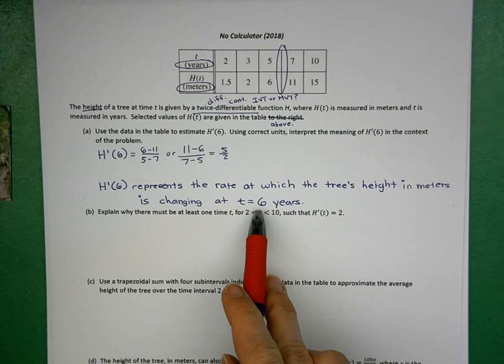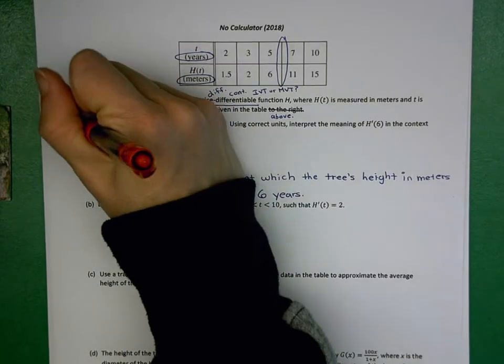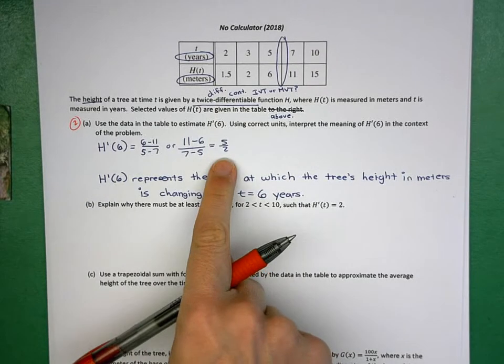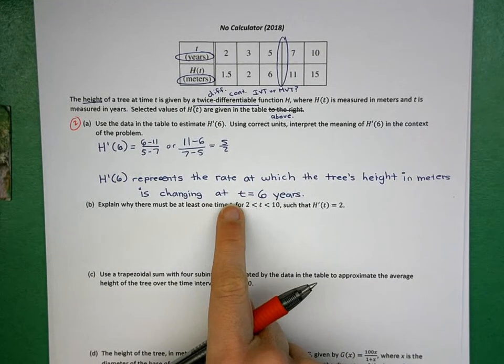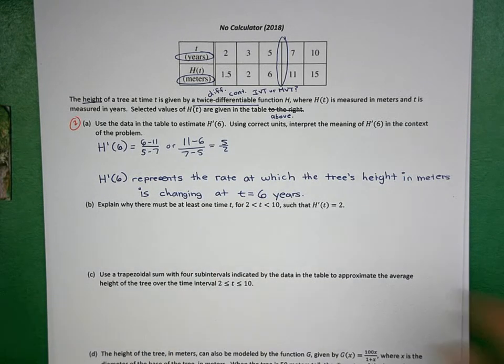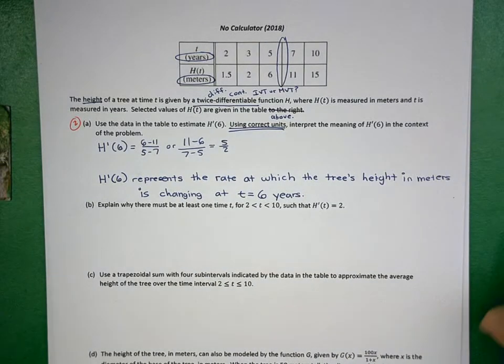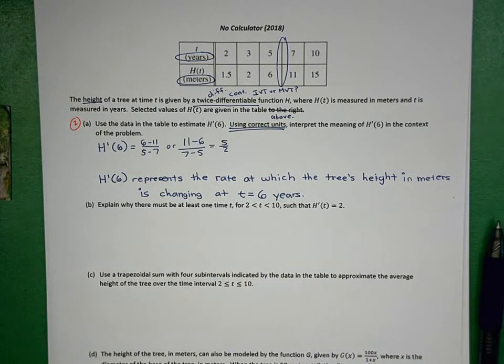In this case, it's t equals 6 years. Okay, this problem was worth 2 points, 1 for the approximation and 1 for the explanation. And you did need to have units. If you didn't have units in there, because they said using correct units, you had to have them in this case. You should always put them in if you know them, but you had to have them in this particular case. Okay?